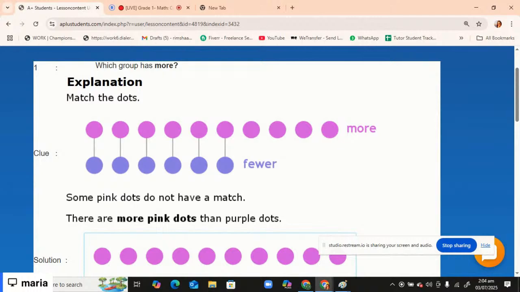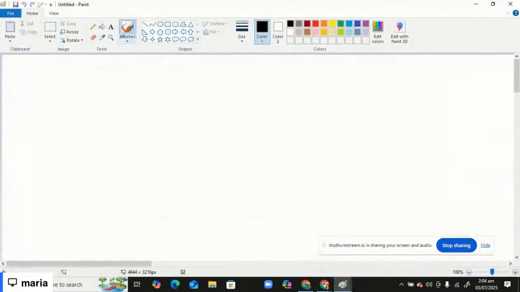So here are some pink dots that are given, and there are some purple dots, so we can check which one is more and which one is less here. So pink dots are more or purple dots are more? So which dots are more? So pink dots are more as compared to the purple dots.